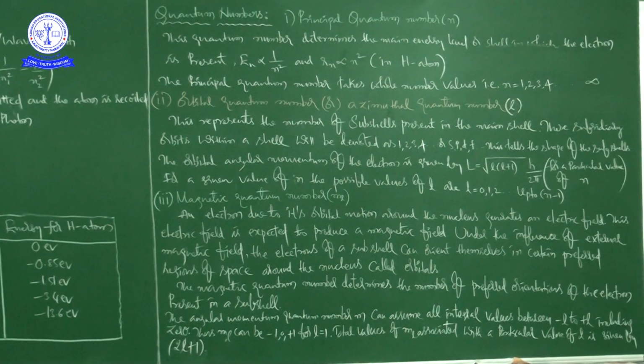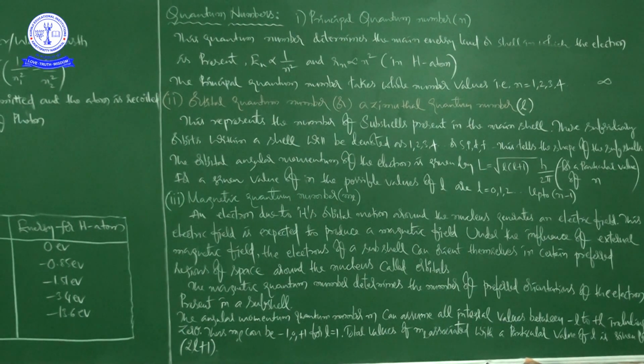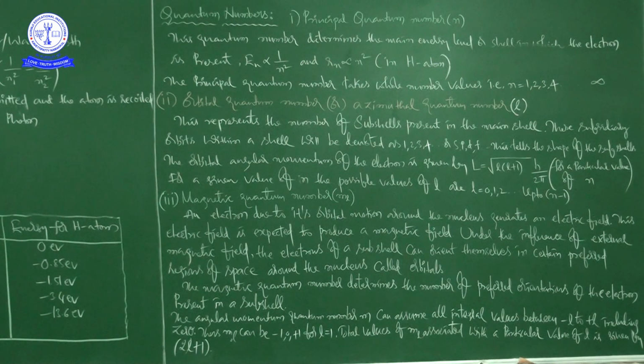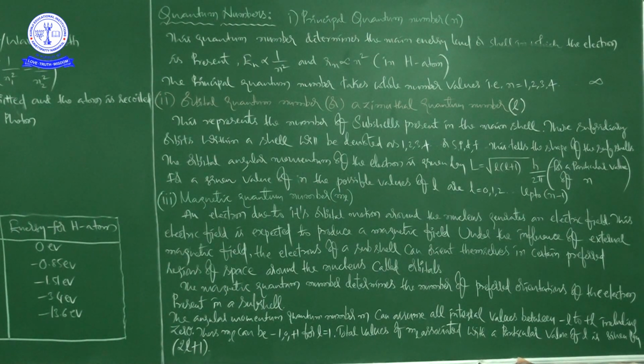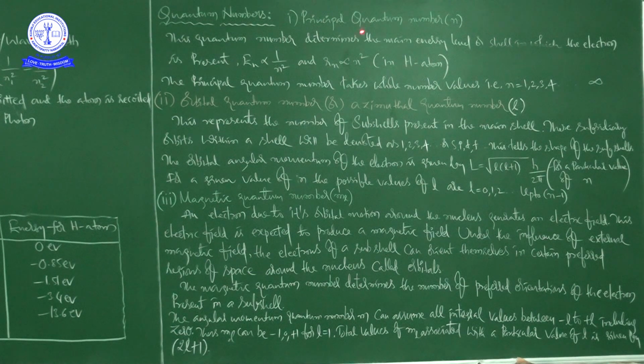So, regarding the principal quantum number, in the bracket n, small n. This quantum number determines the main energy level or shell in which the electron is present.